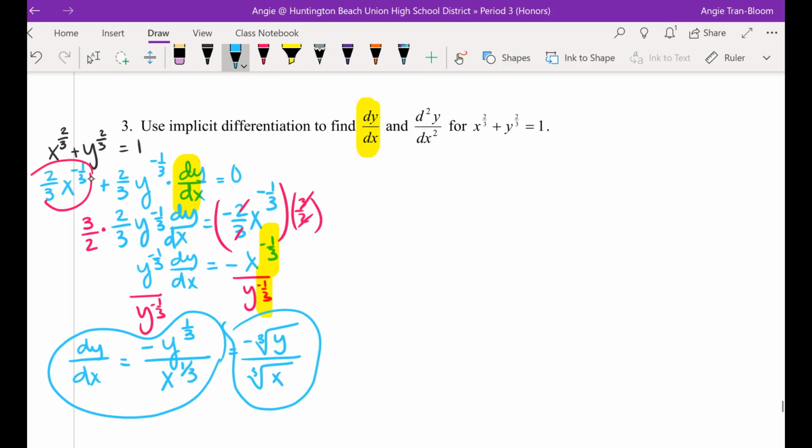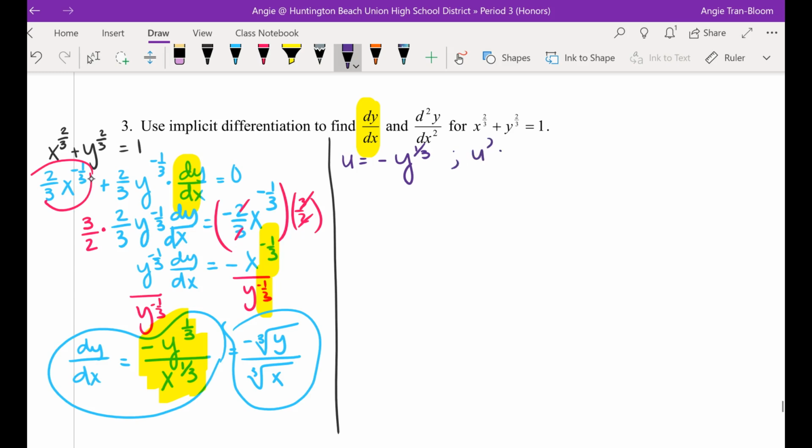Next, we are going to do the second derivative, which again needs lots and lots of space. I'm going to take the first derivative and do a quotient rule. I'm going to let u be the numerator, which is negative y to the 1/3 power.